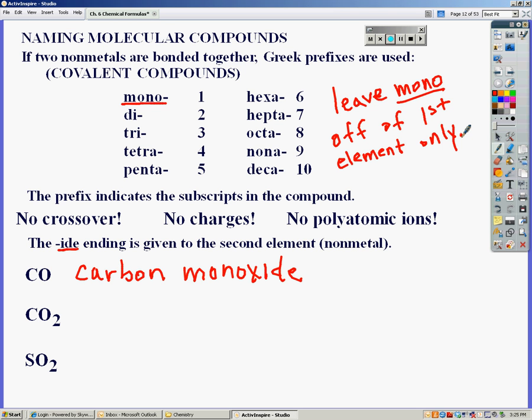Okay, so also you'll notice that in the name of this compound, oxygen starts with an O and mono ends with an O. So when we have two vowels together like that, we leave off one of those vowels. So I'm going to write over here when you leave off a vowel.